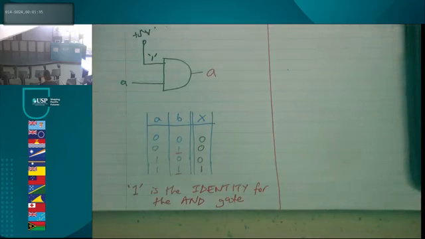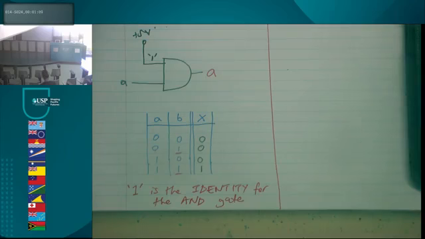Okay, what I've done is I've drawn the truth table of the AND gate, just a simple truth table from last week Thursday. Right, 0 and 0 is 0, 0 and 1 is 0, 1 and 0 is 0, 1 and 1 is 1. Then I said, okay, A is over here, and B, we only look for the cases where B is equal to 1.